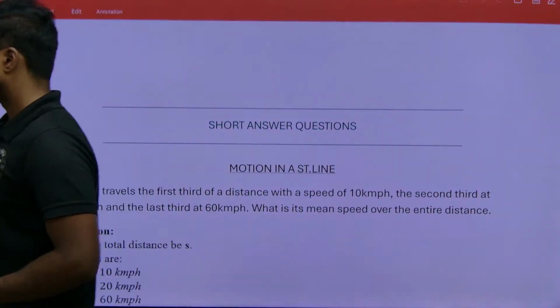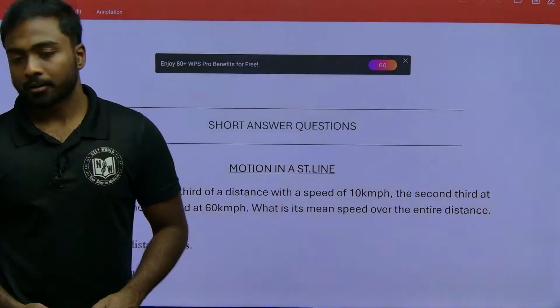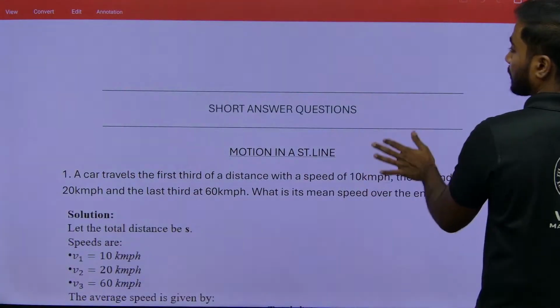So, the problem has been displayed here. Let us wait for 1 minute, as people are joining over here. Once people have joined, we will start with the problem.